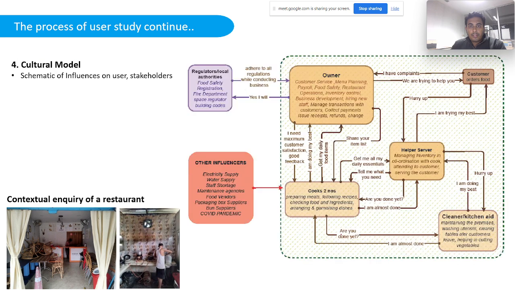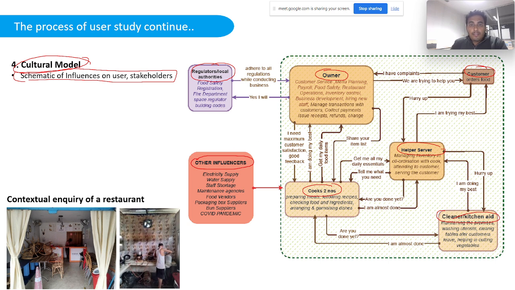Okay. Then there is the cultural model. The cultural model defines the influence between various stakeholders. So here, you will not see artifacts or activities, but you will see different stakeholders. For example, you have owners, regulators, customers, a software server, a cook, a cleaner, and maintenance people.